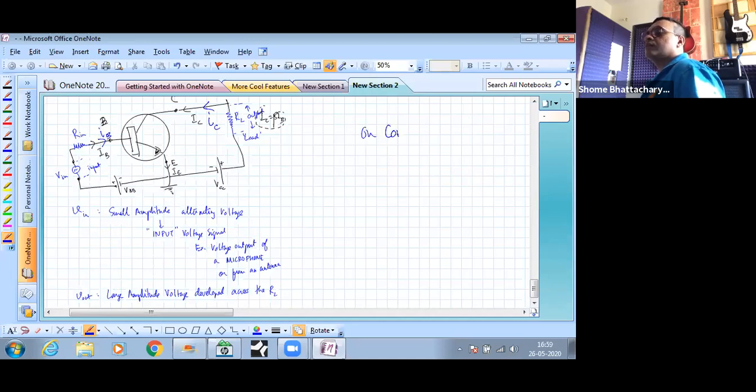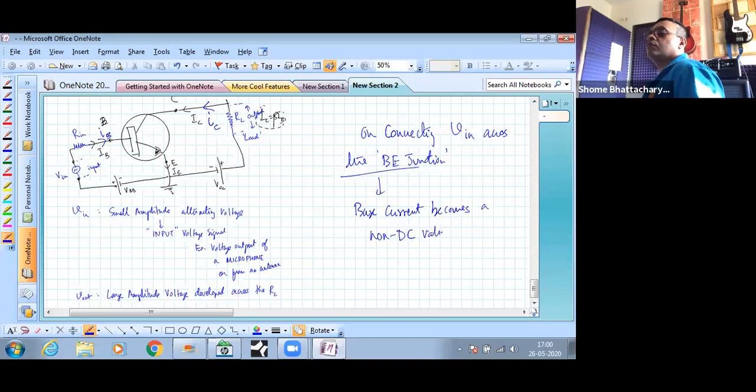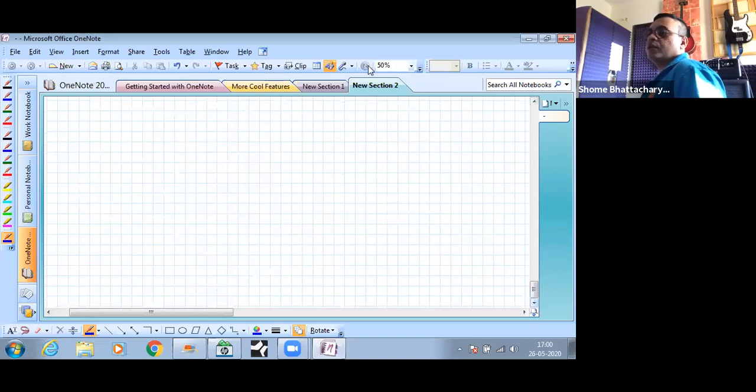So on connecting V input across the base emitter junction, as you can see, the base current becomes a non-DC value. So it changes to small ib. That's why we use the small letter for current, whereas the capital letter earlier was used for DC. Okay. So just to illustrate this point, let me show you here next.